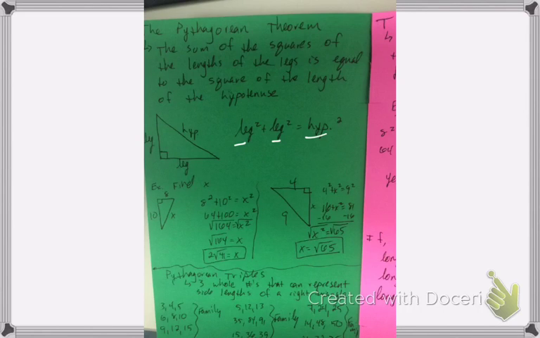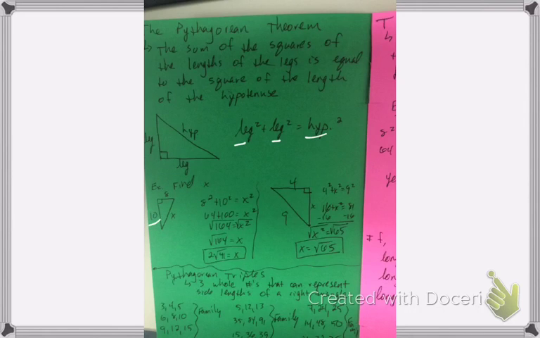And the next thing we put on this page was just a couple quick examples on how to use the Pythagorean theorem. So in this first example, this side is 10, this is 8, and we want to go find that side. Well, we got to make sure we understand the names of these sides.